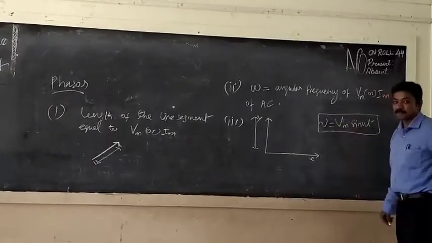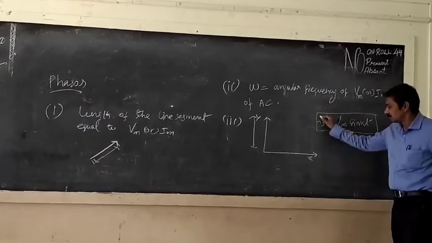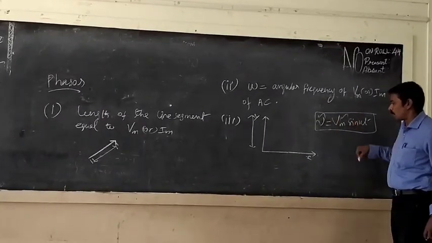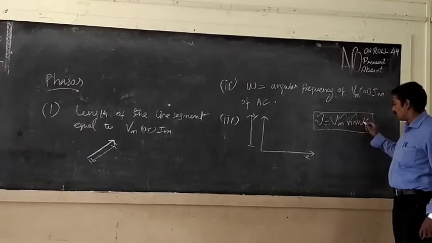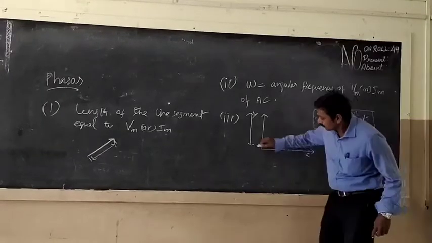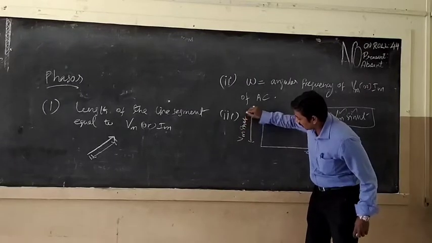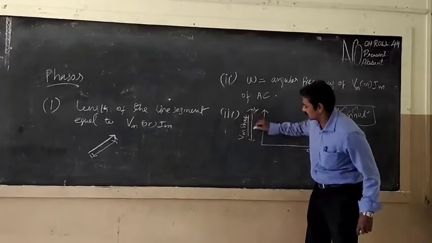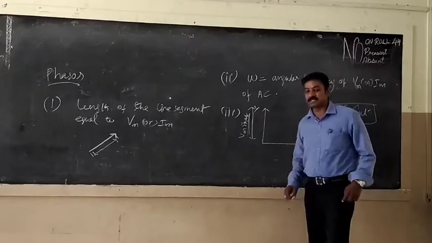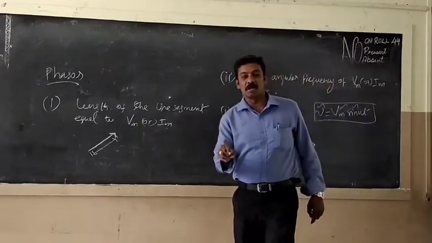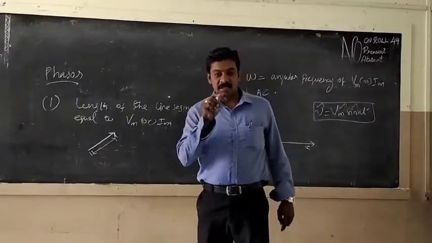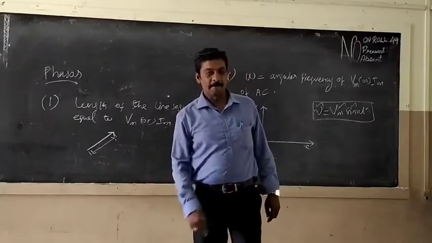This is called instantaneous voltage, with maximum voltage, sine wave, and angular velocity. This represents Vm sin omega t. The y-axis shows the instantaneous voltage or instantaneous current of the AC.